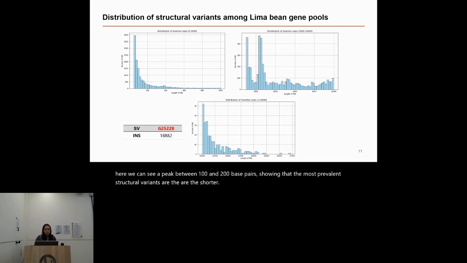The second histogram shows the distribution between 1,000 and 10,000 base pairs, and they are more variable. And in the third histogram, we can see the large insertions up to 10,000 base pairs, but they are fewer than the shorter ones.